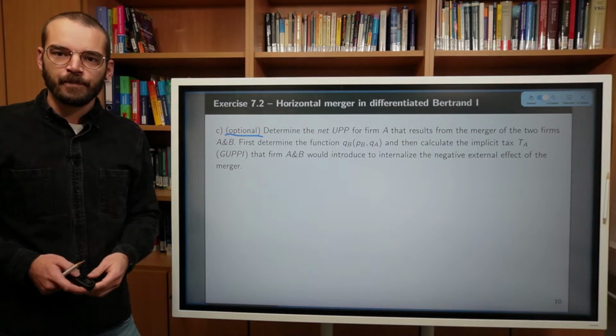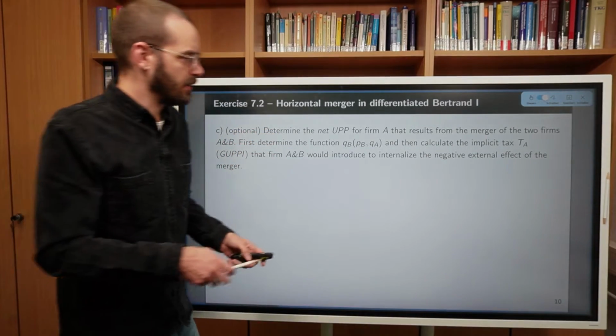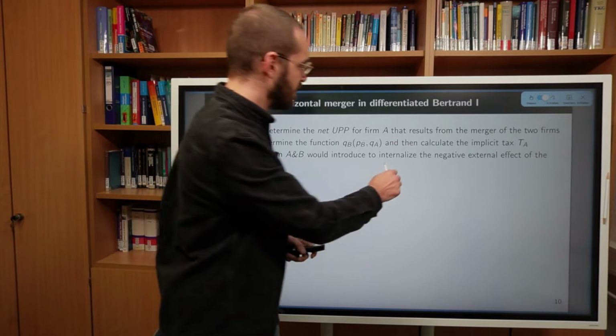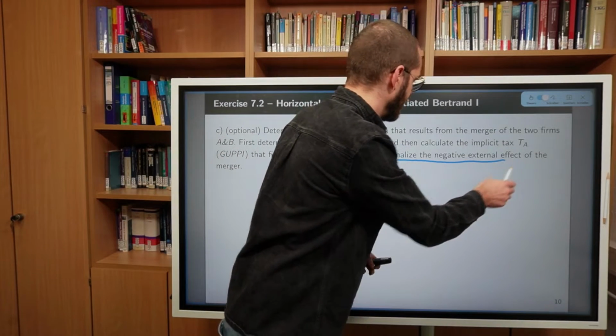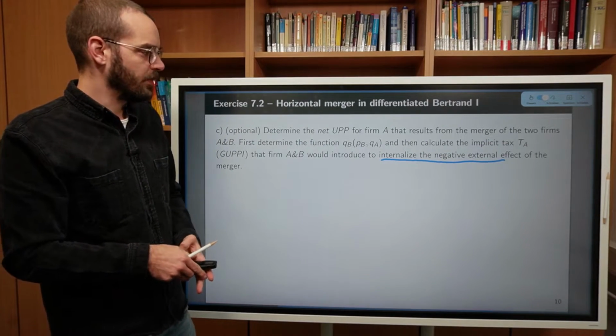So let's first spend a minute to talk about this negative external effect of the merger.